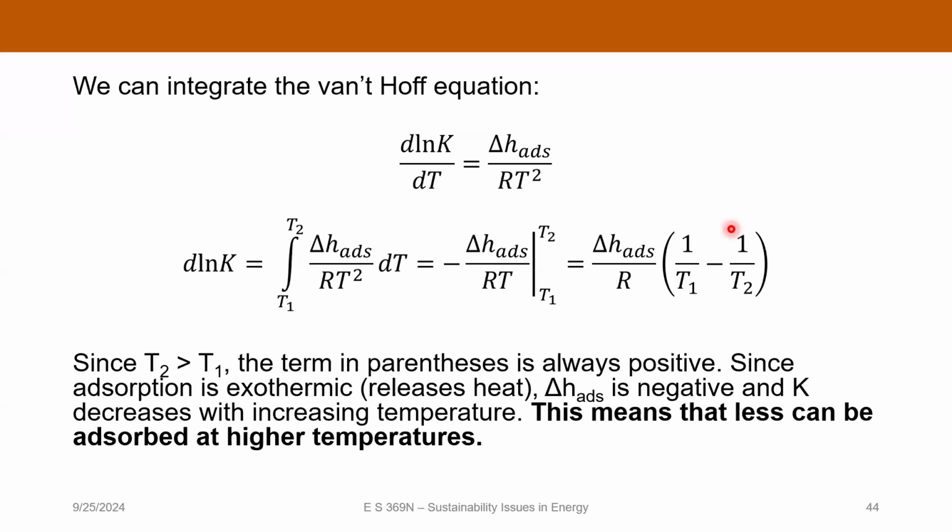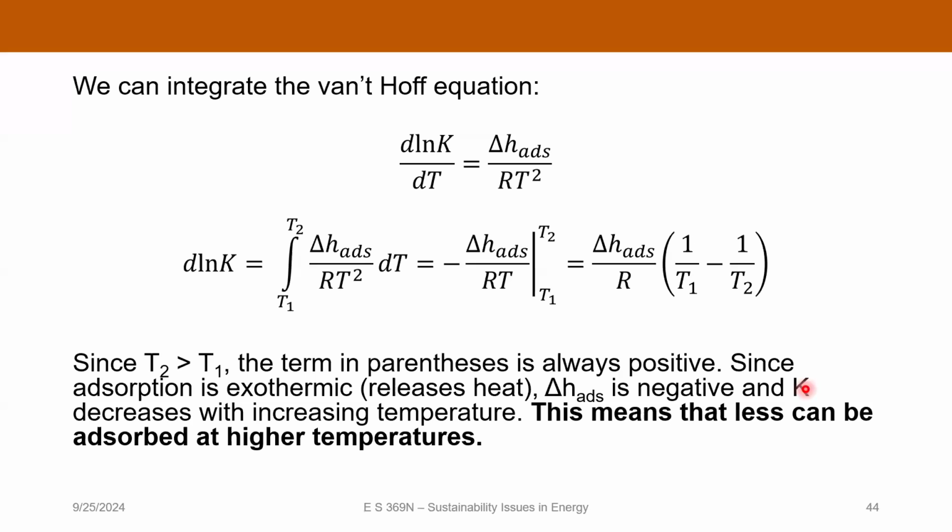So what's interesting here is that if we're increasing the temperature such that T2 is larger than T1, what that means is that the Henry's constant actually decreases with increasing temperature. So if you go to a higher temperature, you actually end up reducing the sorption capacity of your sorbent, which is kind of counterintuitive.